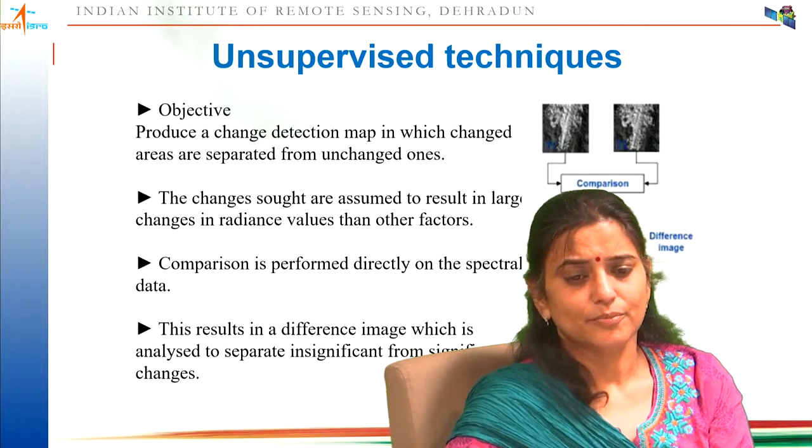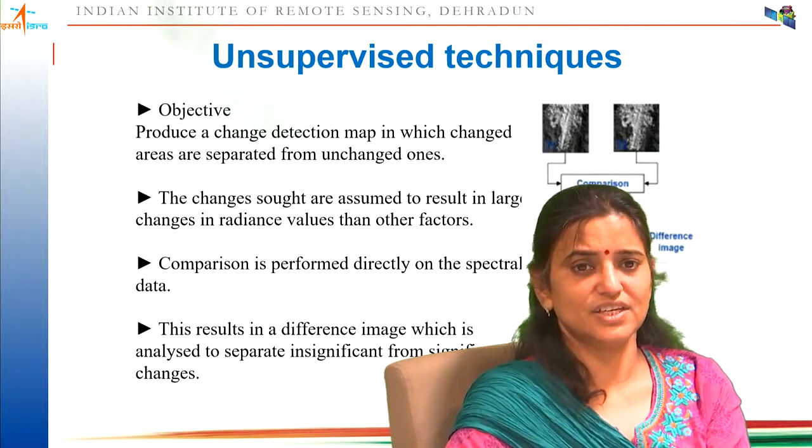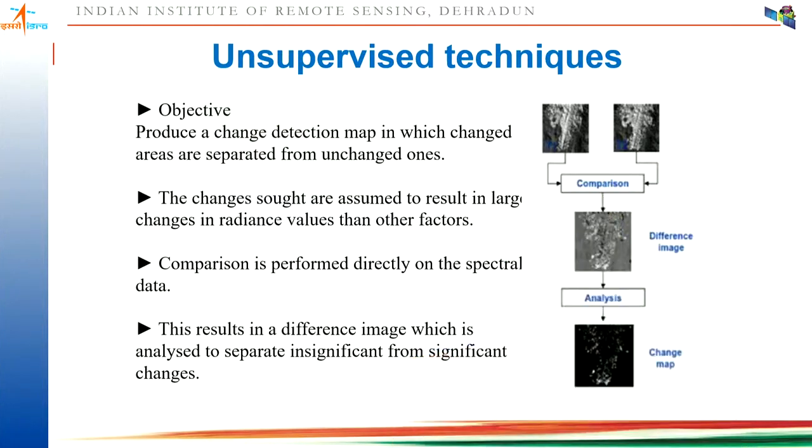You can do it using unsupervised classification techniques also. We can produce a change detection map in which changed areas are separated from unchanged areas. The changes sought are assumed to result in larger changes in radiance values than other factors.